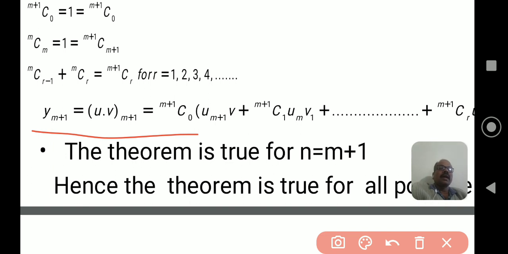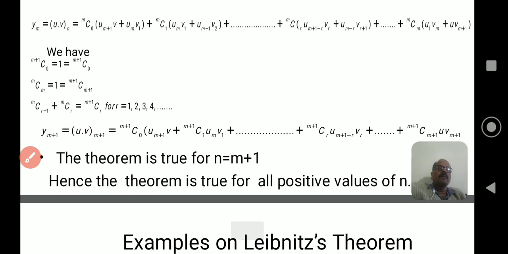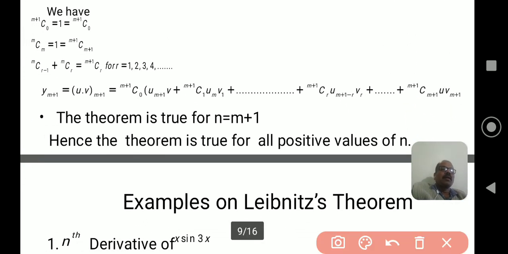We can write it as u v(m+1) into (m+1)C0 by using this property, and again u(1) v(m) with (m+1)C1, and so on. We can write it like this. Final step here: (m+1)C(m+1) u(m+1) v. The general term is (m+1)C(m+1) u v(m+1).